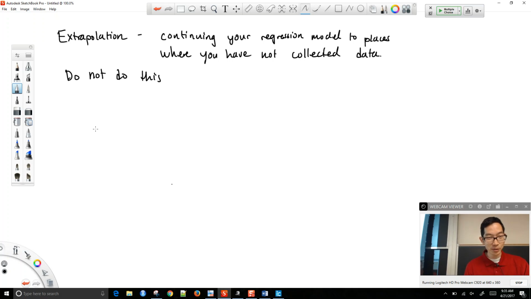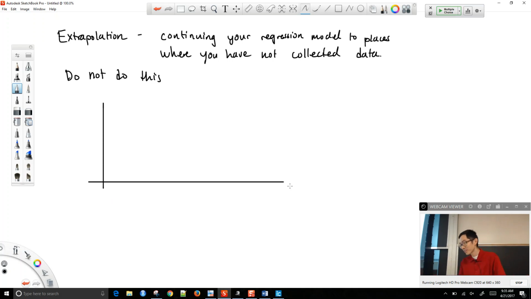So let's say you become a parent. You're very excited about your child, and you obsessively measure your child's height every month for the first, I don't know, 10 years of his life.